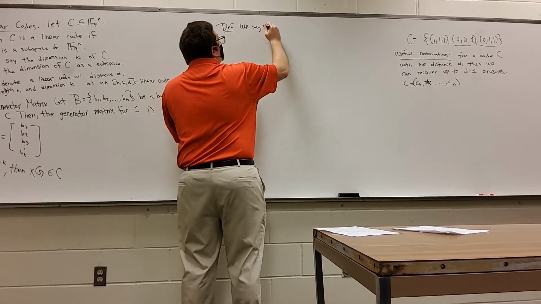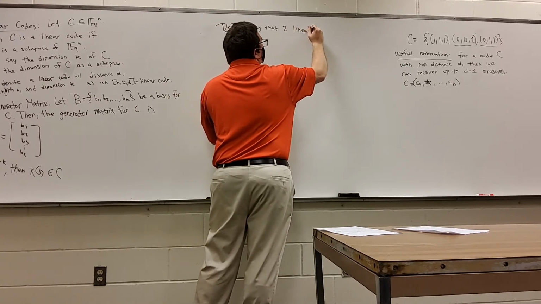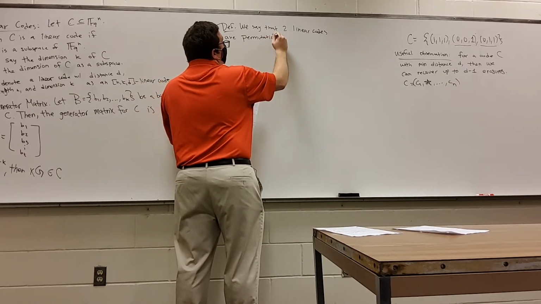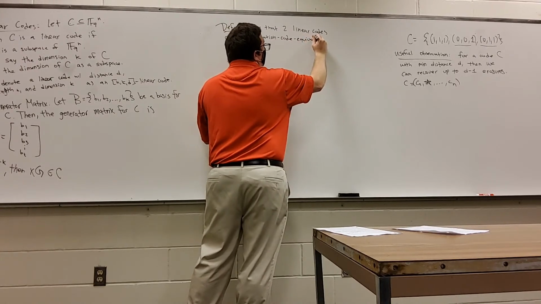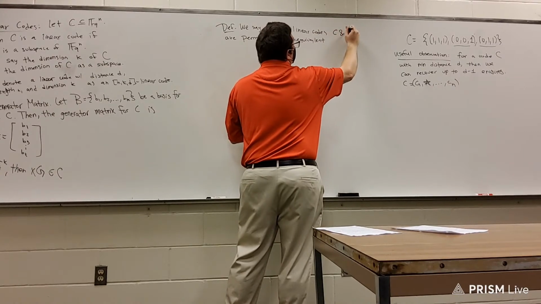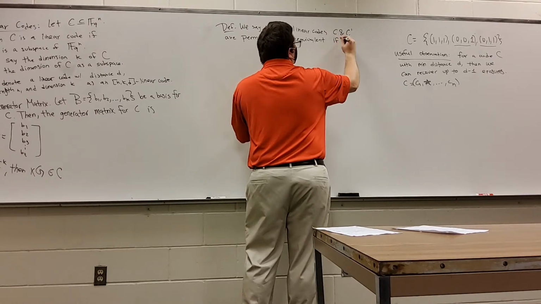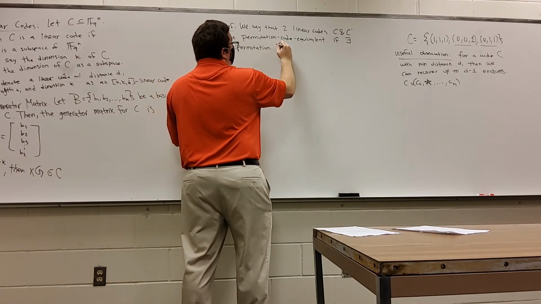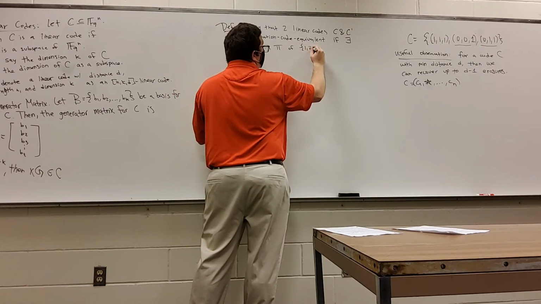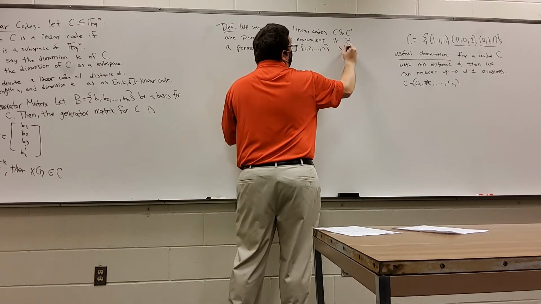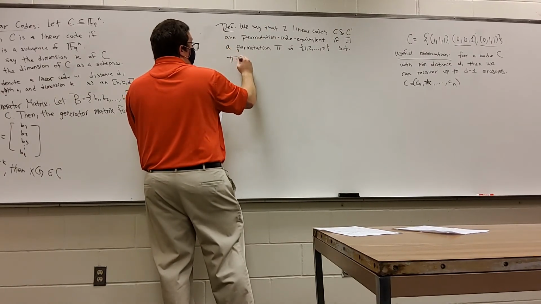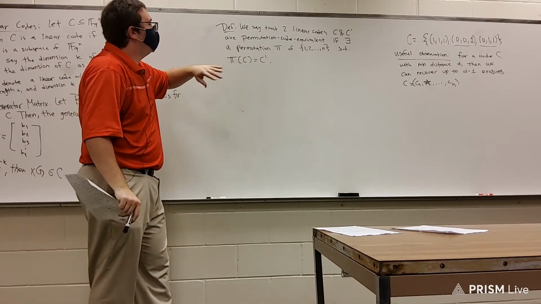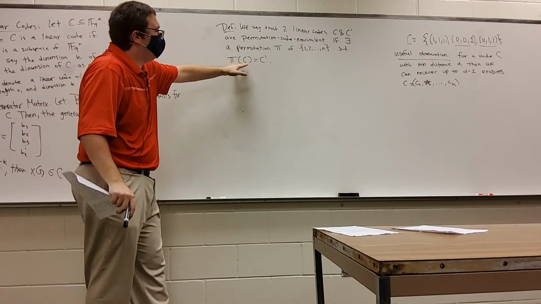We say that two linear codes C and C prime are permutation code equivalent if there exists a permutation such that the permutation of one code is equal to the other.